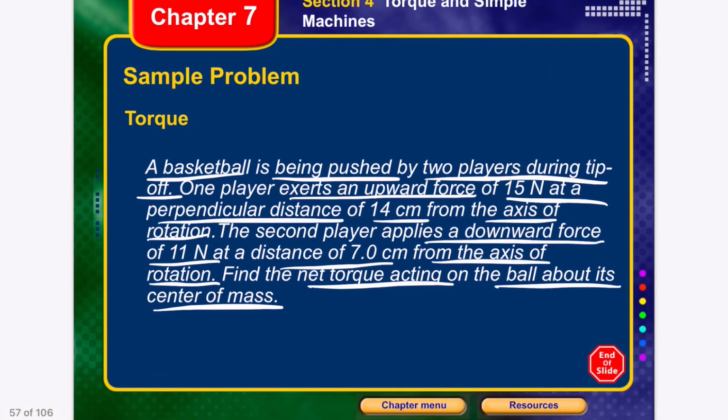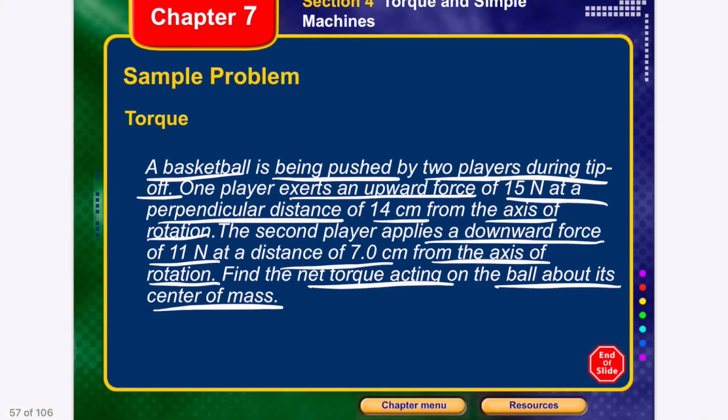So what is given here? A basketball is being pushed by two players during a tip-off. Let's consider this is the basketball and this is the axis of rotation, for example the center of mass of the ball.